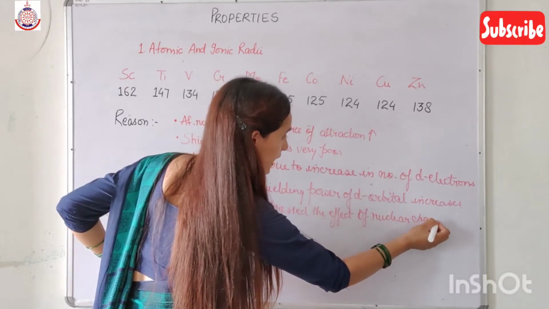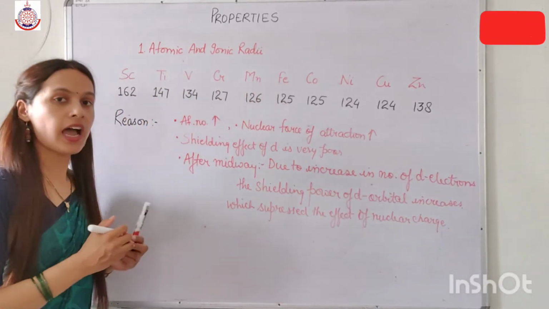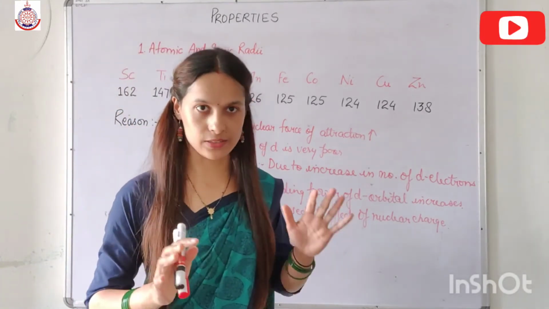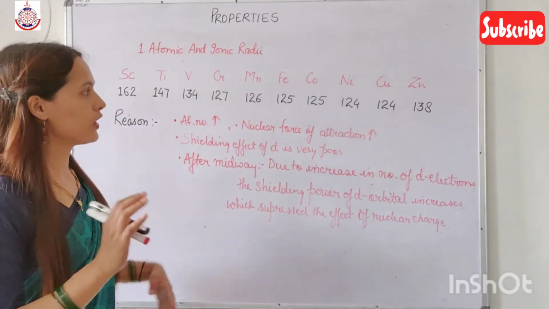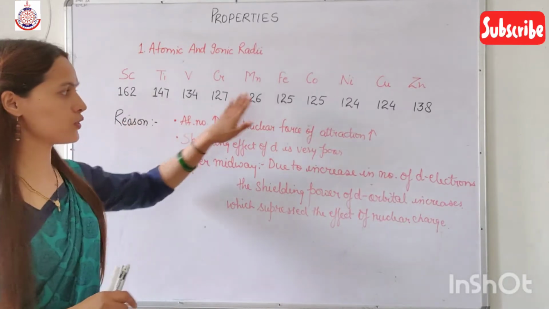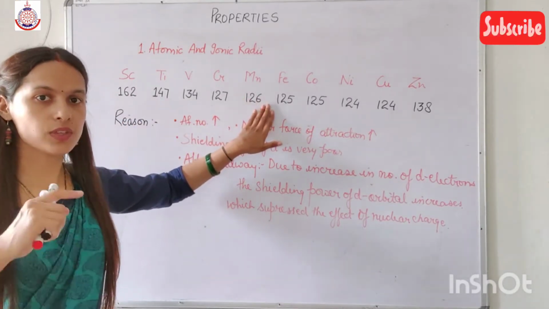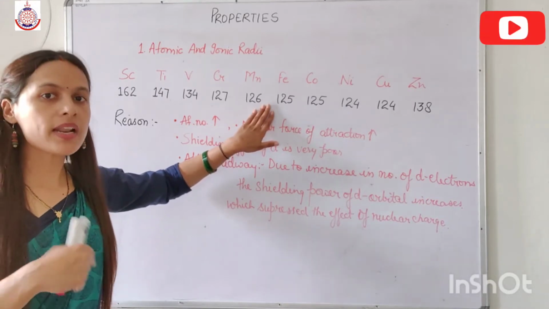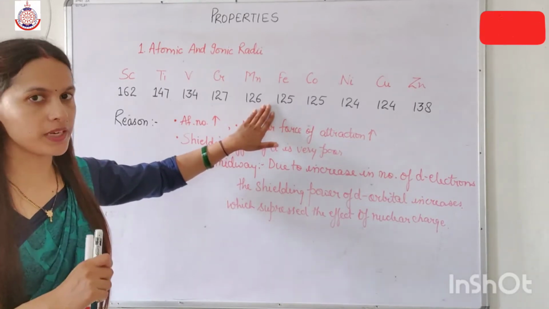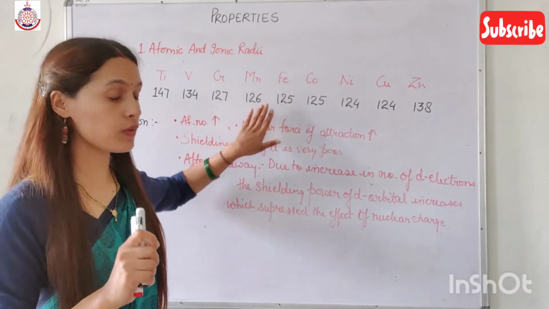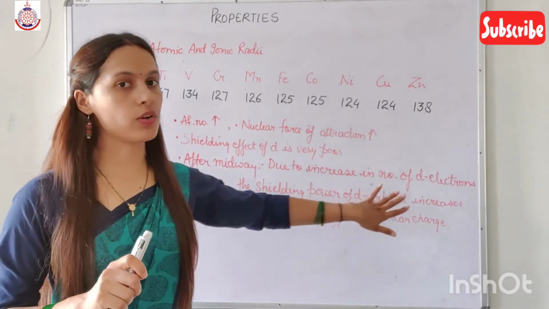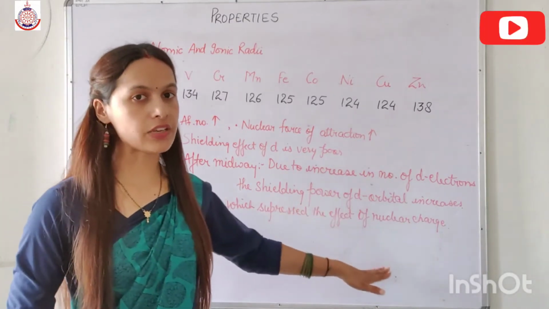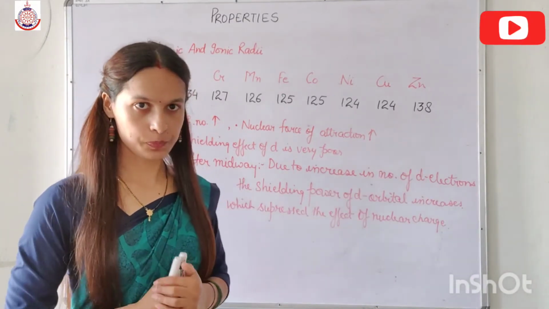I hope through this it is clear why after midway the decrease in atomic radii is very less. So the first information is, when we move left to right in a period, with increase in the atomic number, atomic radii decreases, but after midway the decrease in atomic radii is very less because of the increased shielding power of the d orbital, which suppresses the effect of the increased nuclear charge.